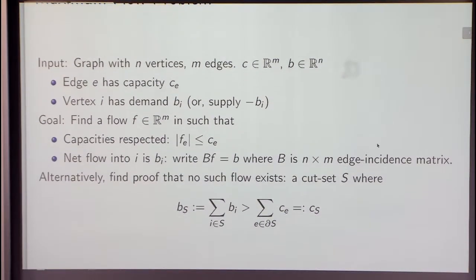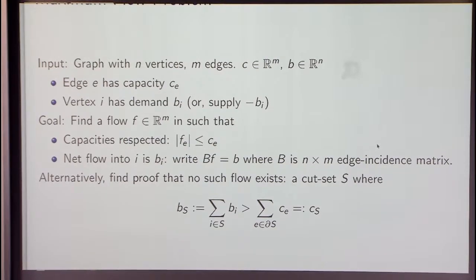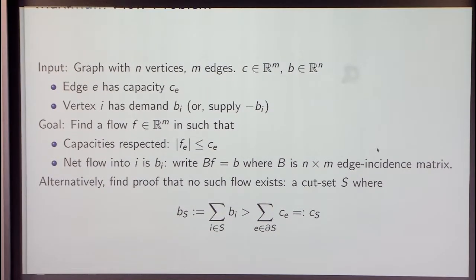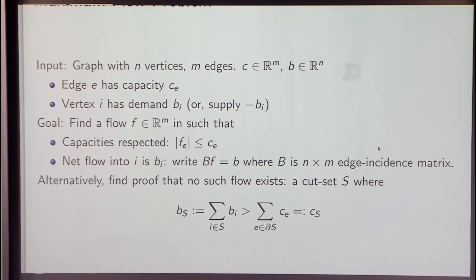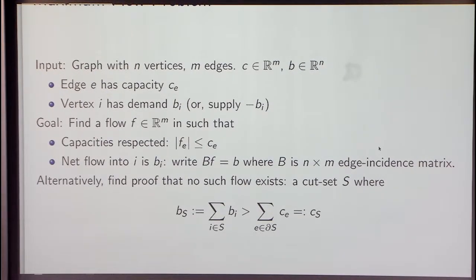Okay. So alternatively, this might not be possible, and the reason it might not be possible, well, for example, if there were a set S such that the total aggregate demand, I'm using this notation b(S) to be the sum over all i in S of b_i, so the total aggregate demand into S, exceeds the total aggregate capacity that's into S, I'm using a notation c(S) for that, well then clearly it's impossible to do what we want.